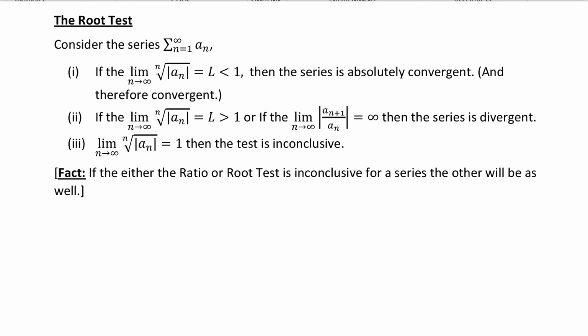And this is very important: if either the ratio or the root test is inconclusive for a series, then the other will be as well. In other words, if you try the ratio test and you get that the limit is equal to 1, do not try the other one.